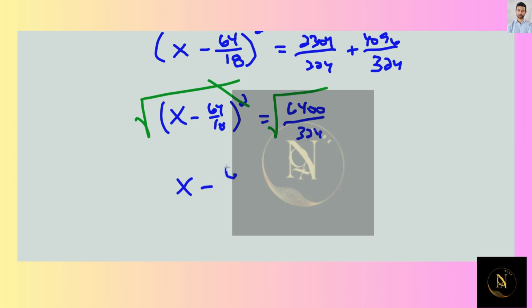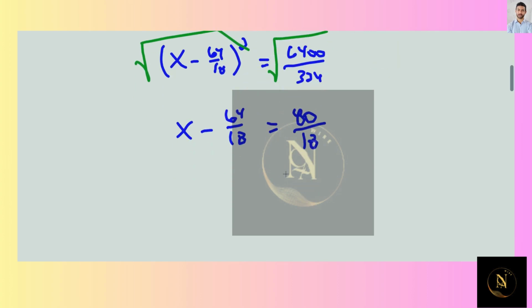We'll have x minus 64/18 equals the square root of 6400, which is 80, and the square root of 324, which is 18. We can now add 64/18 to both sides, and we get 144 over 18, which is 8.